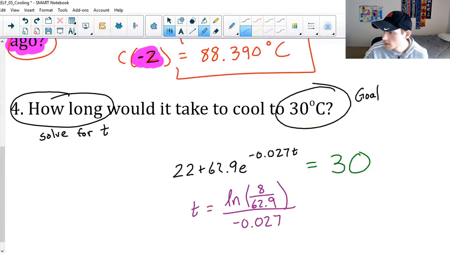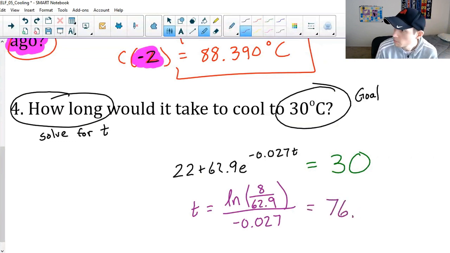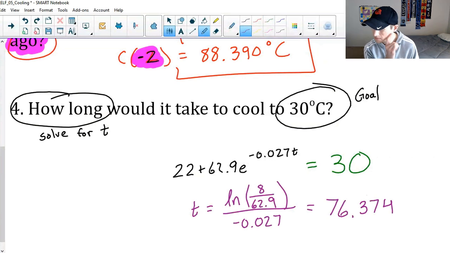If I could find the buttons. Natural log. That should equal 76.374.